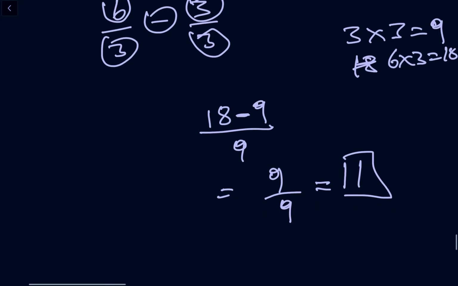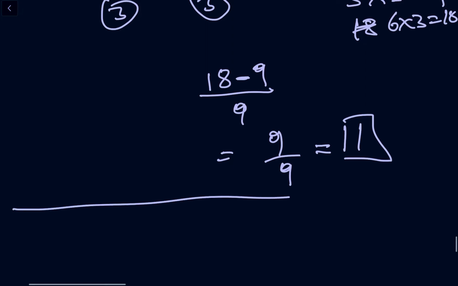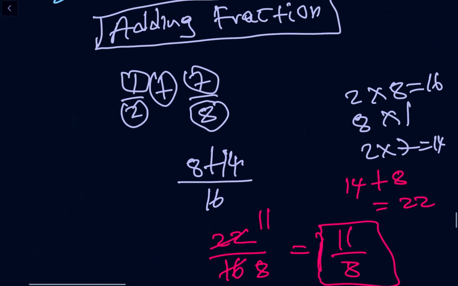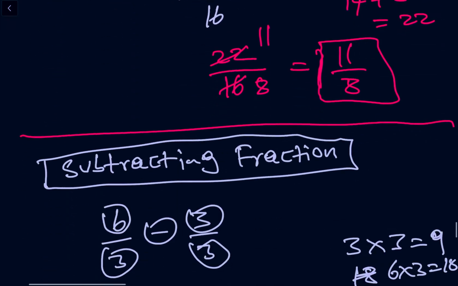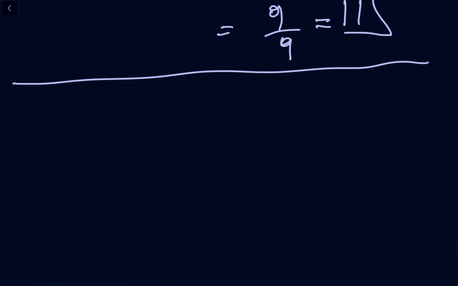Now let us multiply fractions. This fraction is actually a mixed fraction, so it's going to be the same thing, but we need to add one more step to it.